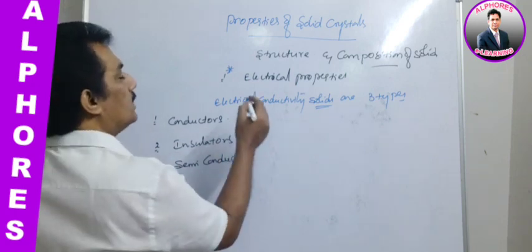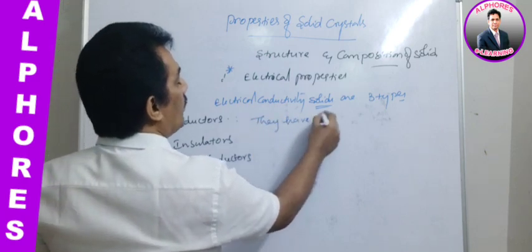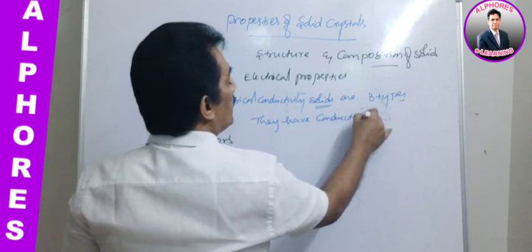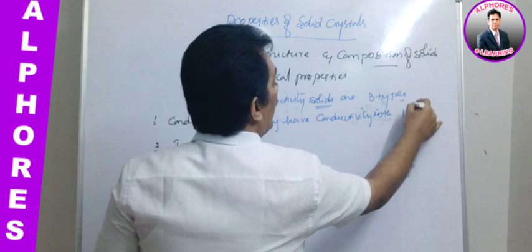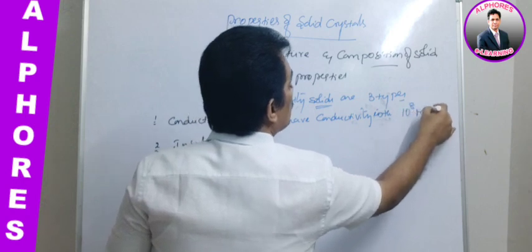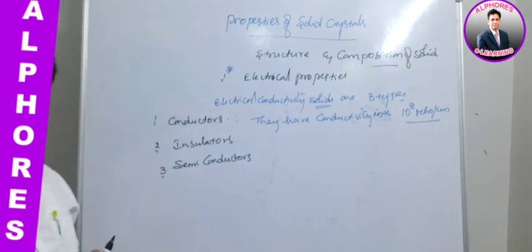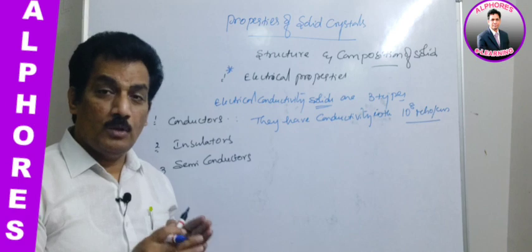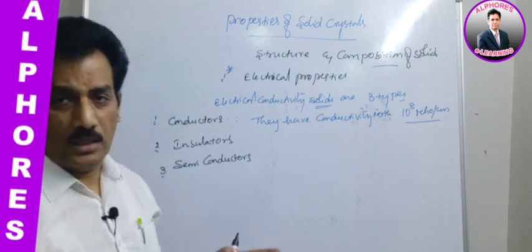Conductors are the solids that have electrical conductivity in the range of 10 to the power of 8 mho per centimeter. When the conductivity of any solid is in the range of 10 to the power of 8 mho per centimeter, that solid is said to be a conductor.